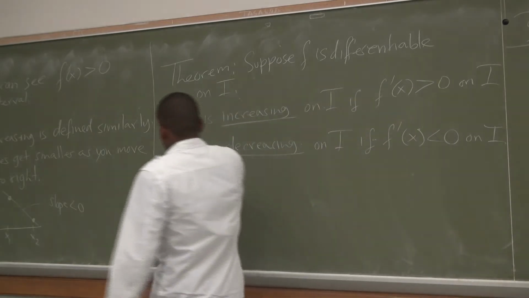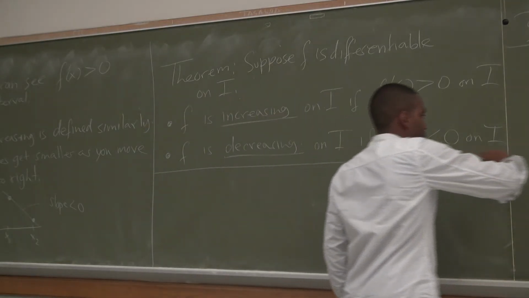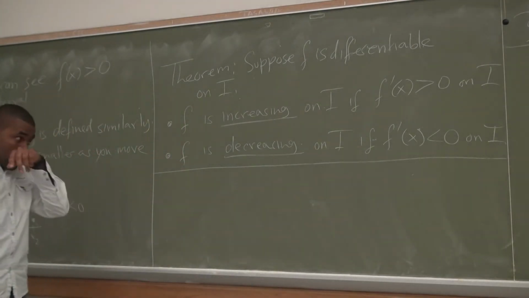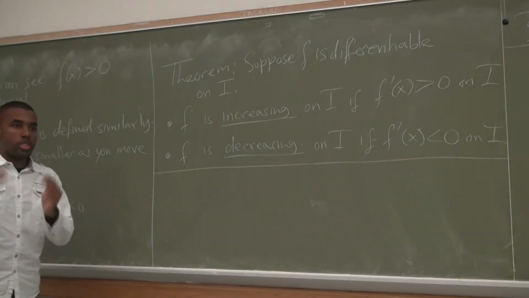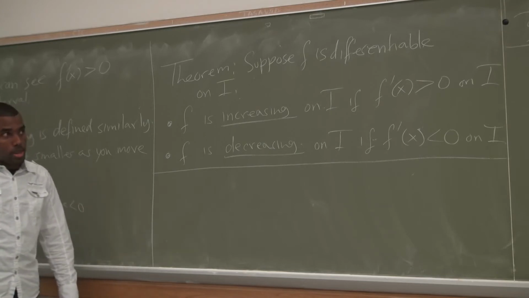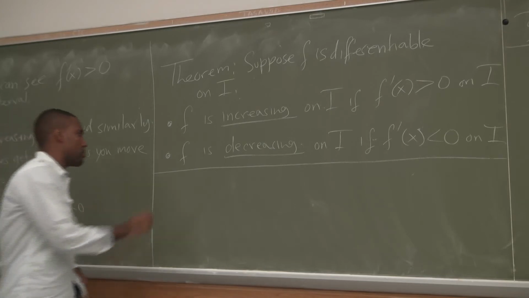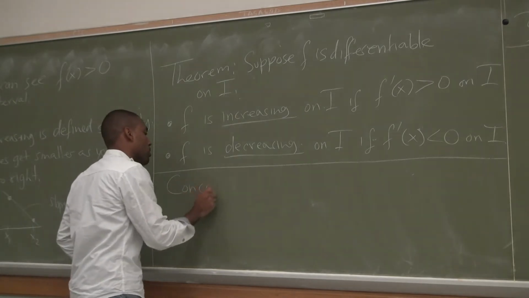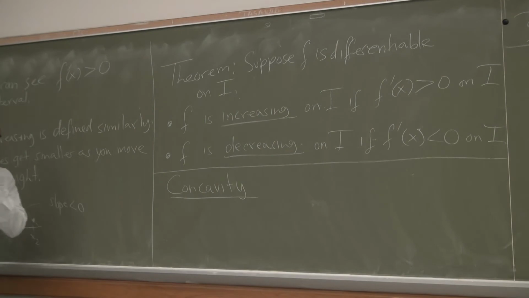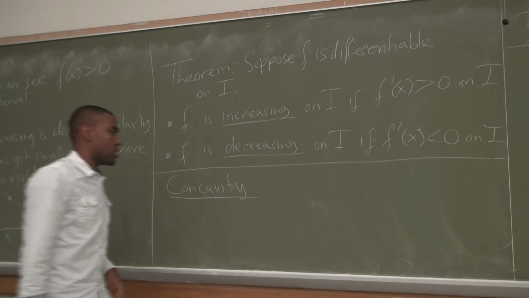Okay, so what about the other behavior I mentioned in my example? Let's say my profits are increasing by $10 every week, as opposed to increasing by 10, then by 100, then by 1,000. That sort of behavior in math is described as concavity.